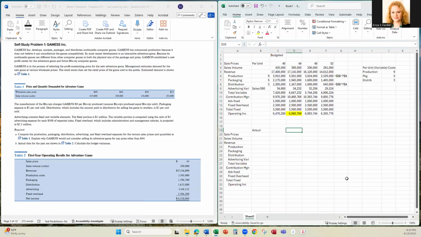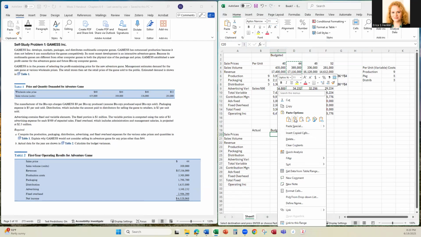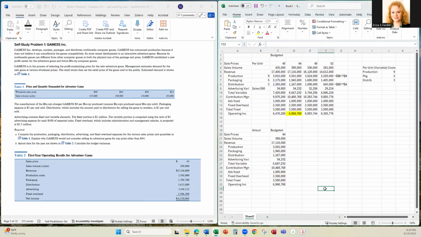We're not doing a static one, so I'm just going to put the budgeted in the next column here. So our budgeted amount is right here. I'm going to paste values here. So I've just got the values there.